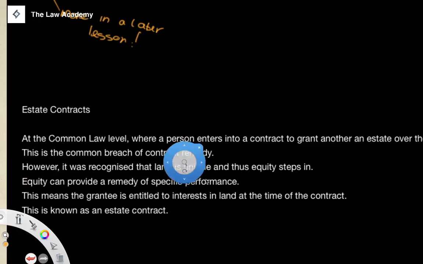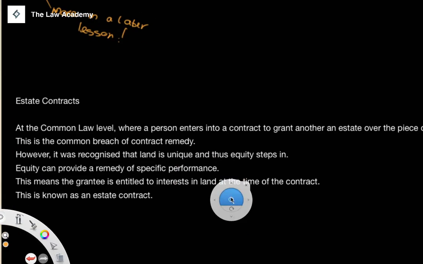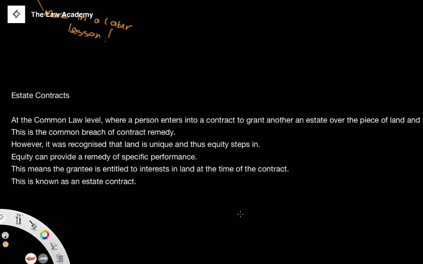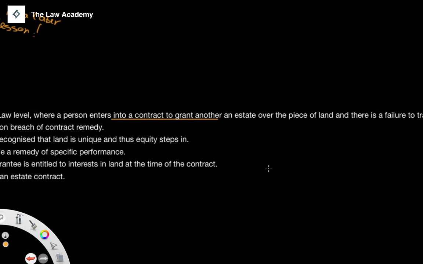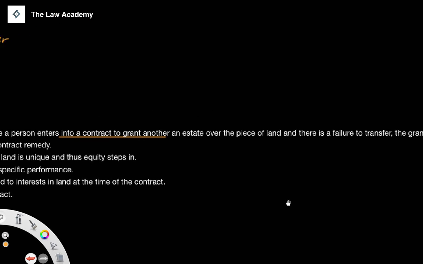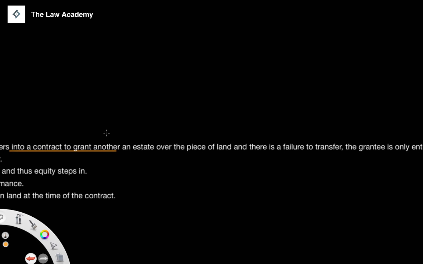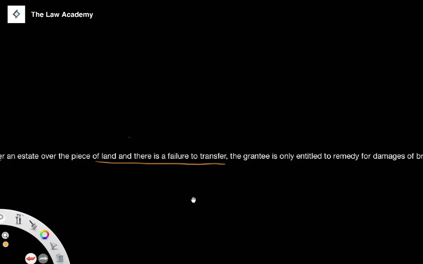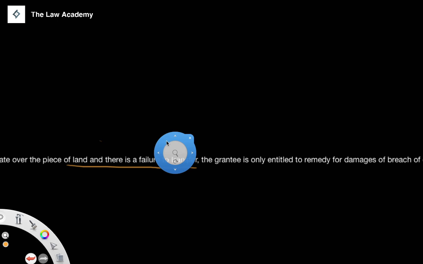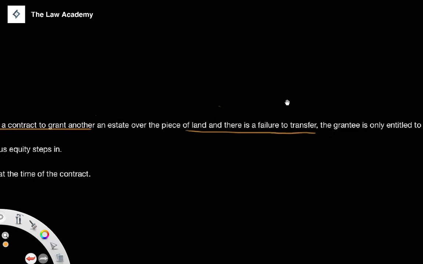So the final example that I want to touch on is the idea of an estate contract. At the common law level, where a person enters into some kind of contract to grant another an estate over a piece of land, that's the first point, and where there is a failure to transfer this piece of land, the grantee is entitled to a remedy only by way of a breach of contract.